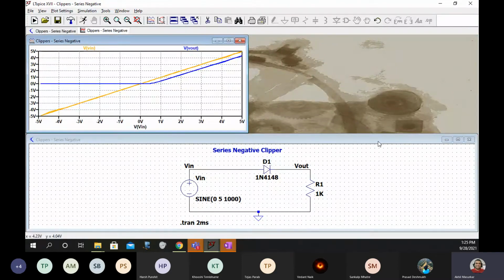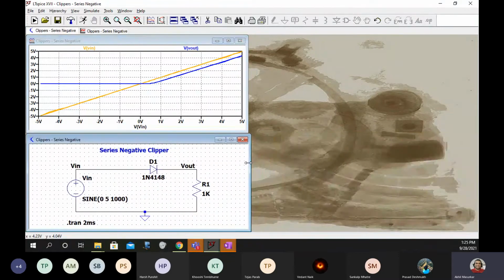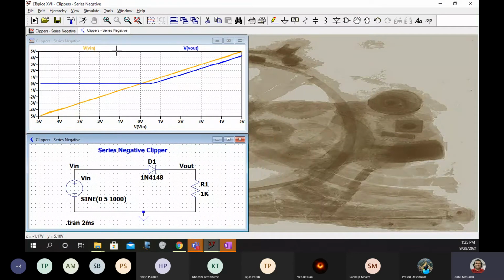So now you will do series positive clipper and post the outputs in the chat box. What will you do for series positive clipper? You will just change the direction of the diode.